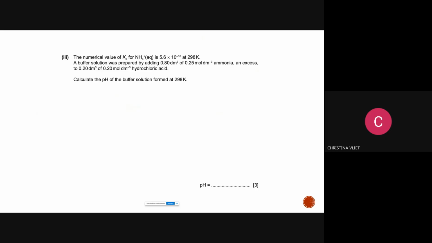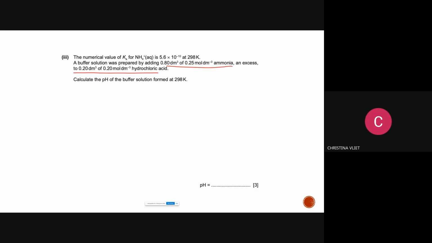All right, let's take a look at this question. I think this is the last one, right? The numerical value of Ka is 5.6 times 10 to the negative 10. They give you a buffer solution prepared by taking ammonia and adding it to hydrochloric acid, and they ask you to calculate the pH of the buffer.